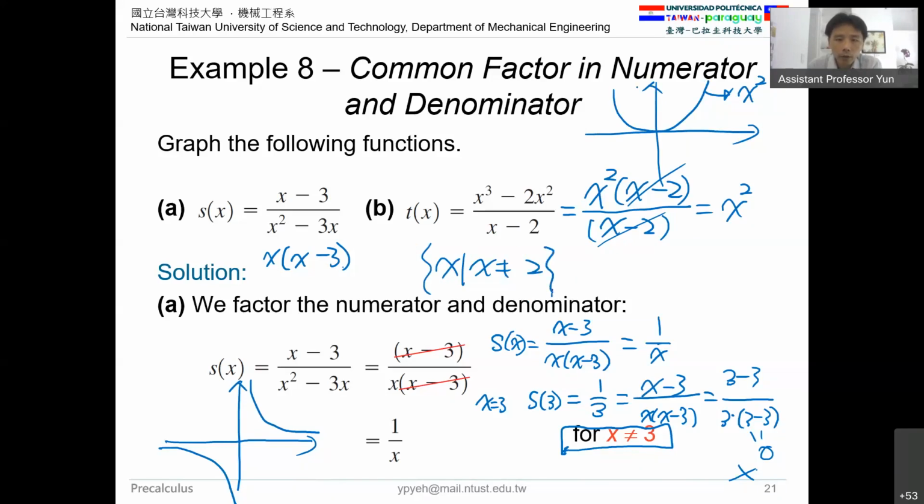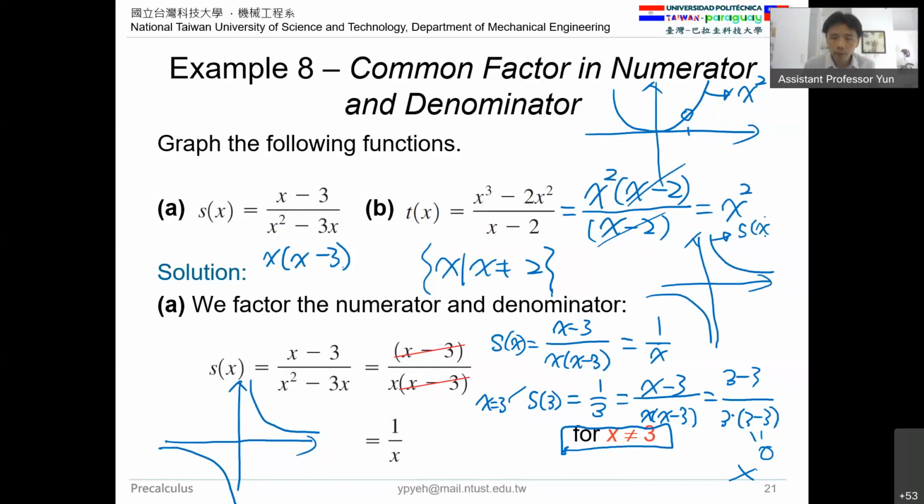So the graph of these functions will exclude the point when x equals 2. So this will be a circle on the graph here, which means the graph has a hole at this point, and the same for s of x. So you can see from these functions, this is the graph of this x here, right?